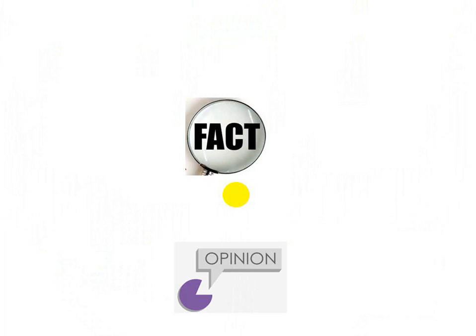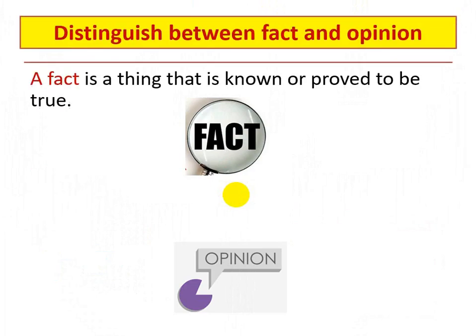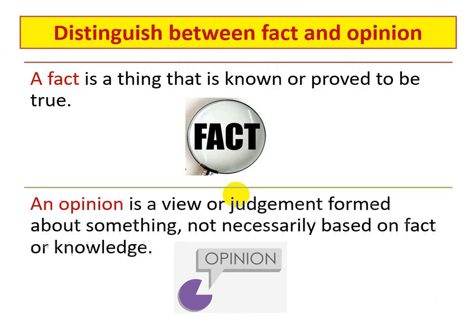In general, a fact is a thing that is known or proved to be true. So when we have something which is proved to be true, this may be a fact. Whereas an opinion is a view or judgment formed about something, but not necessarily based on fact or knowledge.